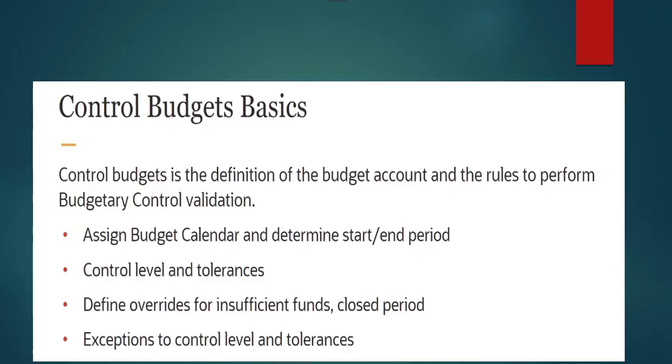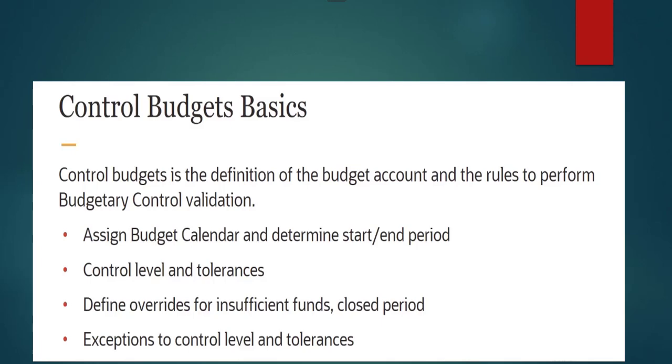Starting off with some basics, your control budgets are going to impact how transactions are budgetary controlled and reported. They are going to regulate budgetary control, only, not encumbrance accounting. The control budget is going to define the ledger and/or projects that you want to control spending against, and the rules to use during budgetary control.